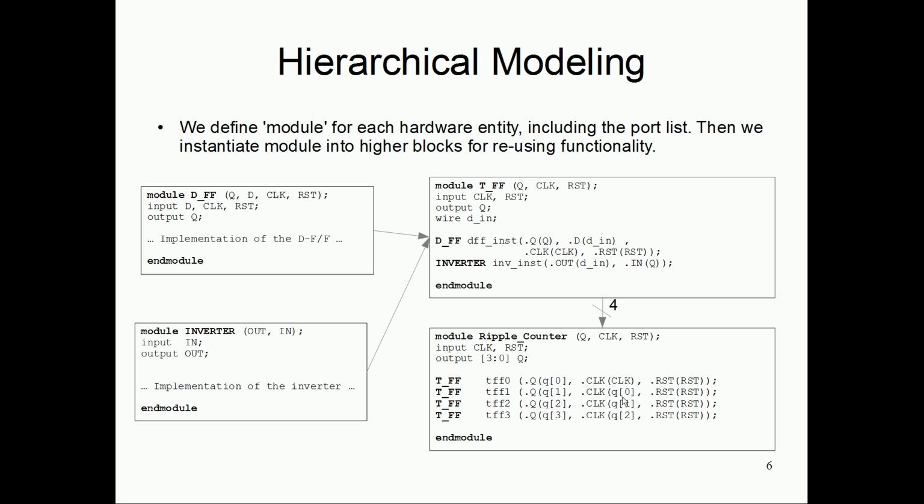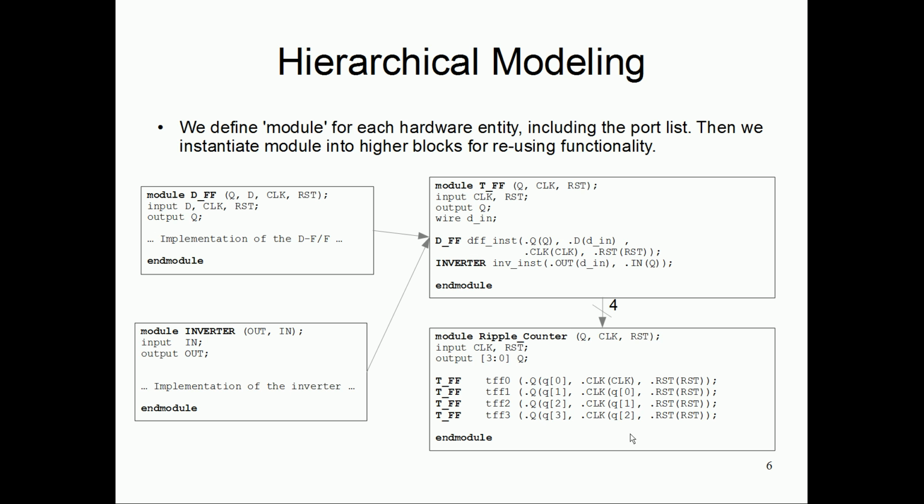Then the clock of T flip-flop 1 is Q0. So whatever output of the first stage T flip-flop goes as the clock in the next stage. Whatever output of the second stage T flip-flop goes into the third stage clock, and so forth. Okay, so that's how we define an instantiation based hierarchical modeling.